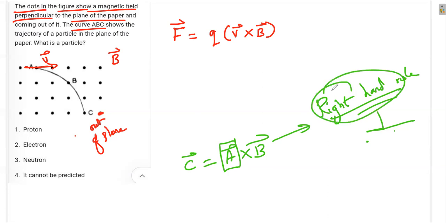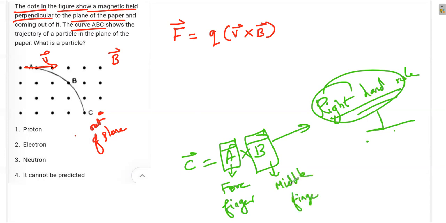The A vector, the first vector, is the forefinger, the first finger. The second vector is the middle finger, the second finger. First finger, first vector; second finger, second vector. The answer will always be given by the thumb.